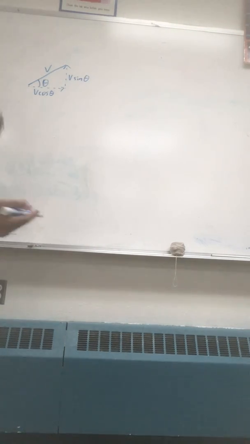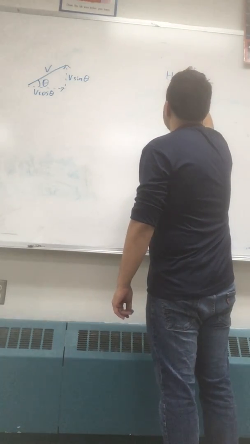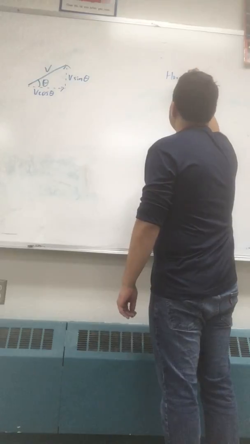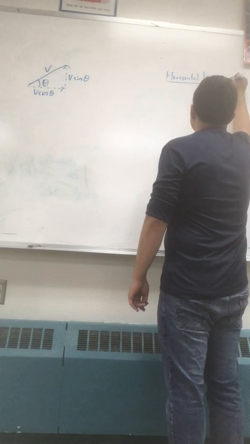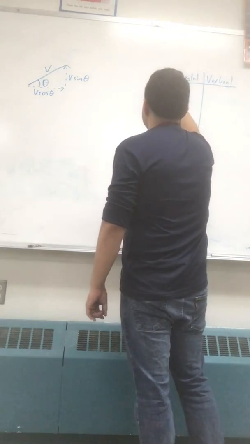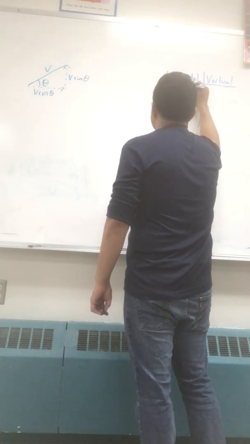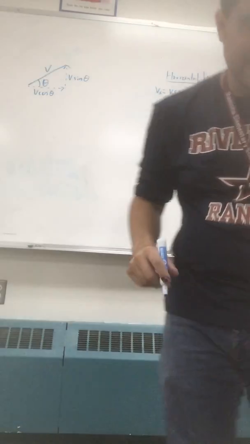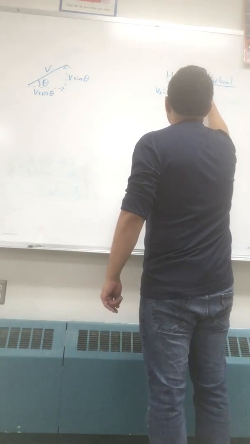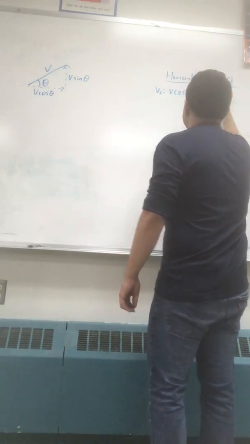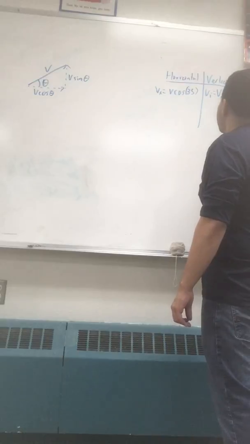You write down the stuff that you know. Here's my horizontal. Here's my vertical. I know my horizontal velocity is equal to V cosine of the angle. In this case, the angle is 35 degrees. And my initial velocity upwards is V sine of 35.